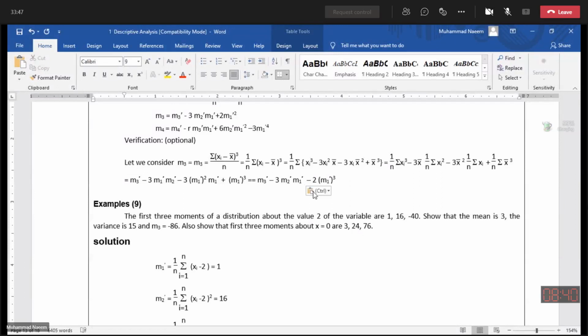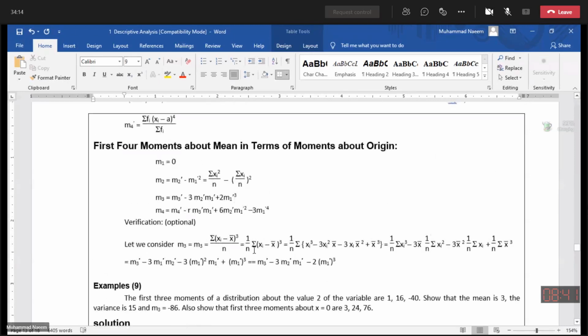So this is exactly the relation which we have here in this case. Here we must have power 3. Similarly, the other relations we can also prove and verify.